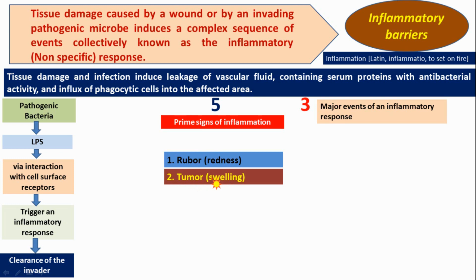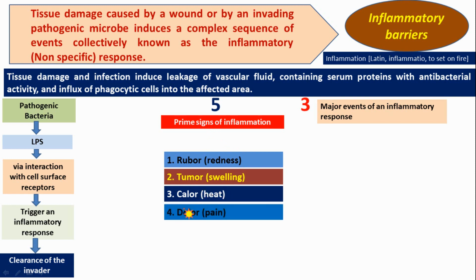The third prime sign is calor. Calor means heat. The fourth prime sign is dolor. Dolor means pain. So these are the first 4 prime signs: rubor means redness, tumor means swelling, calor means heat, dolor means pain.